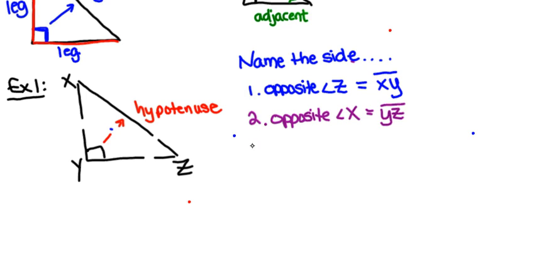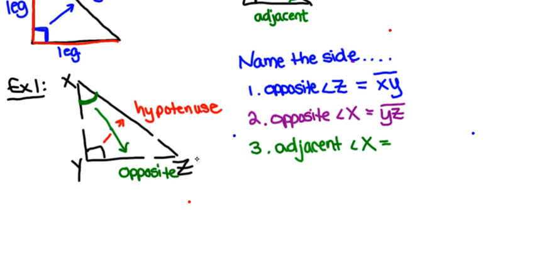The side that's adjacent to angle X, well, again, here's angle X. Here's my opposite. So my opposite was YZ.